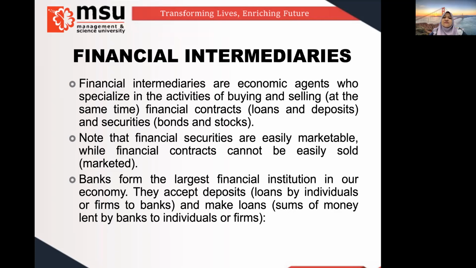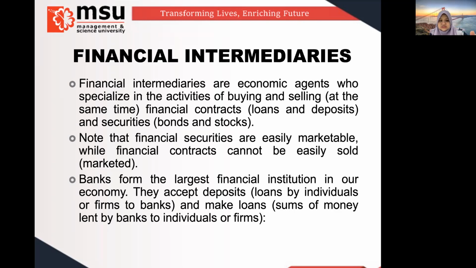Note that financial securities are not easily marketable, while financial contracts cannot be easily sold or marketed. Banks form the largest financial institutions in our economy. They accept deposits and loans from individuals or firms and make loans.